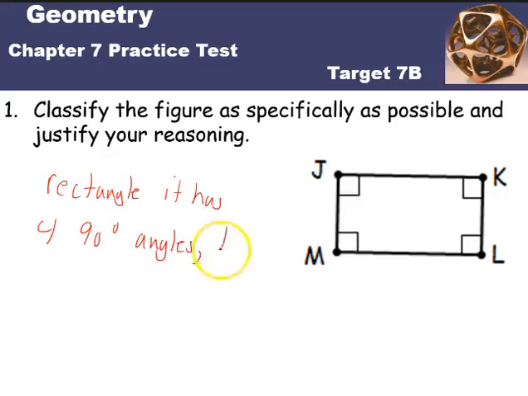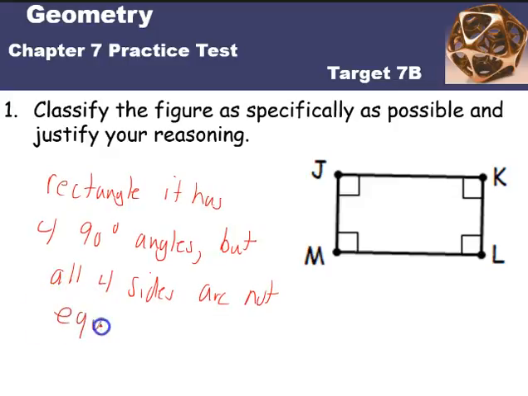But all 4 sides are not equal. If all 4 sides were equal, then it would be a square. So the reason is it has 4 90-degree angles, but all 4 sides aren't equal, so it's a rectangle.